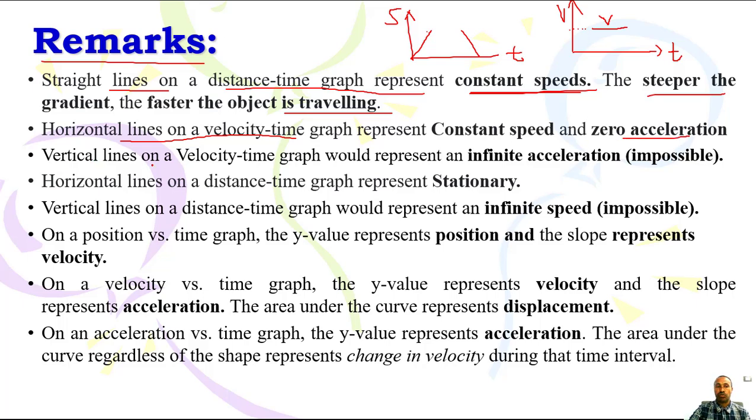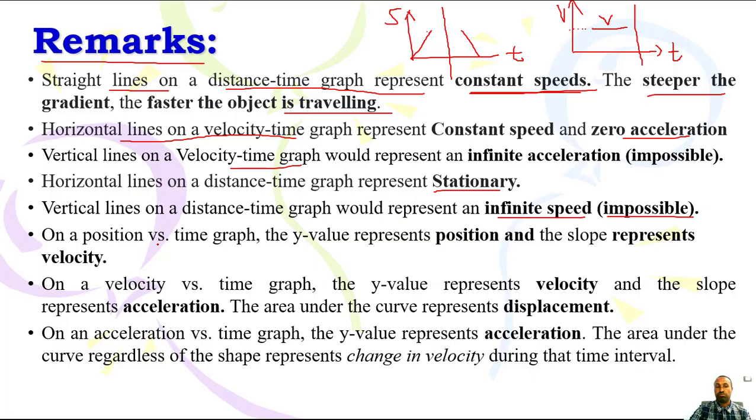And vertical lines on a velocity time graph would represent an infinite acceleration, which is impossible. And also horizontal lines on a distance time graph represent stationary, which is just at rest. And vertical lines on a distance time graph would represent an infinite speed, which is impossible.